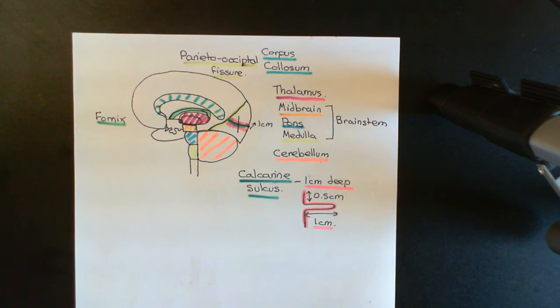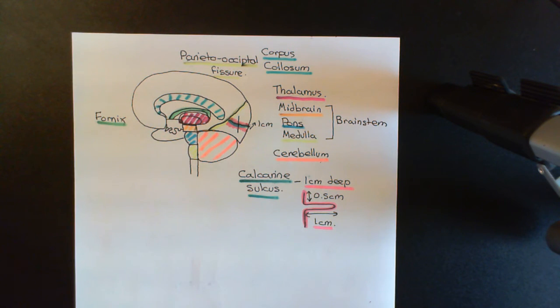Okay, but the important thing that you've got here is that this is the position of the primary visual cortex. It's right at the back of the brain in the occipital lobe, and it's majorly around this calcarine sulcus, which is not easily visible. You have to go into the longitudinal fissure, and it's a sulcus that faces into the longitudinal fissure.